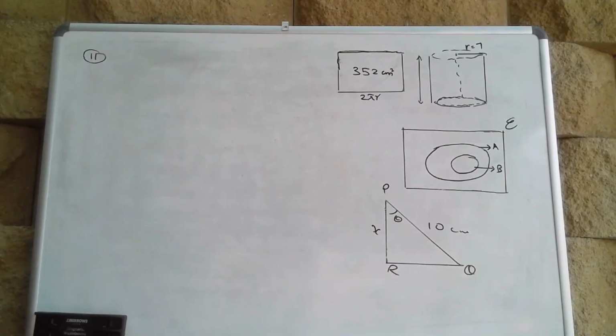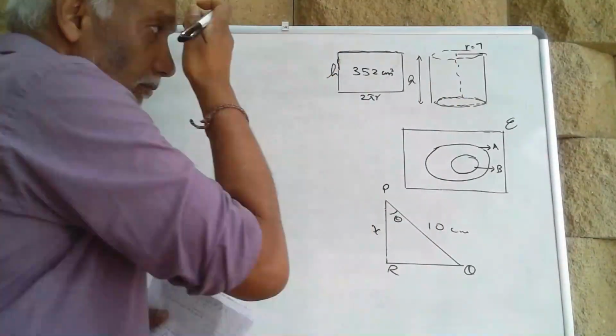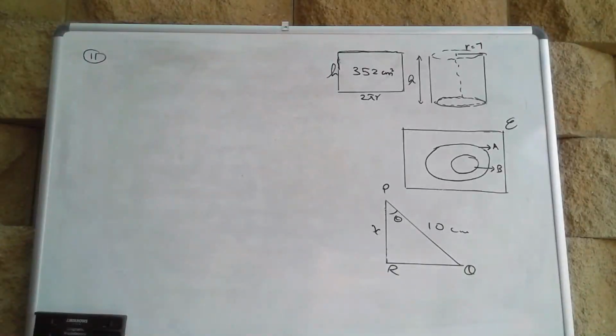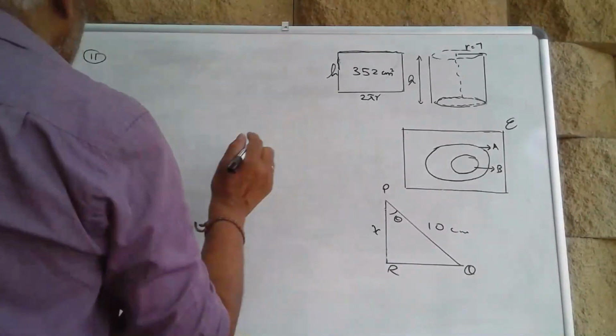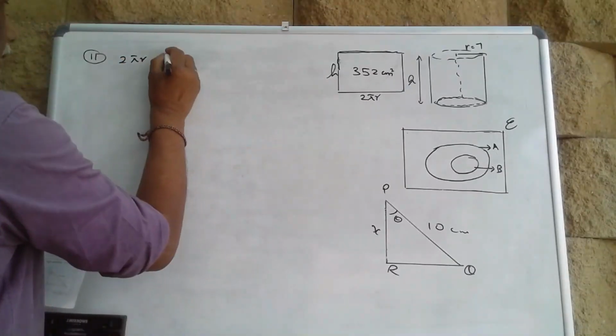We don't know what the question is asking. Find the height of the cylinder. So they want this height A. So 2 pi r multiplied by A must be equal to 352.